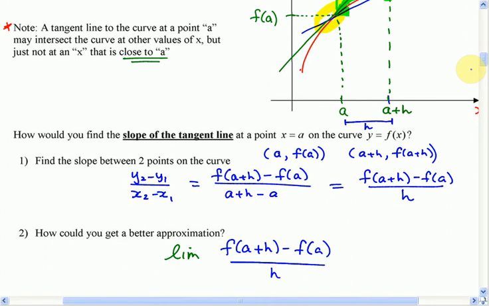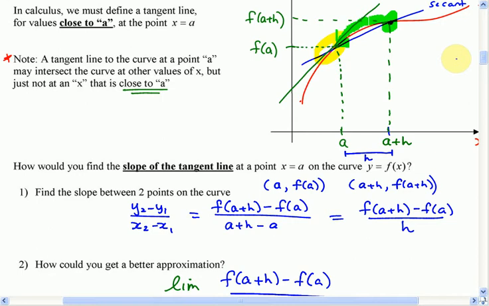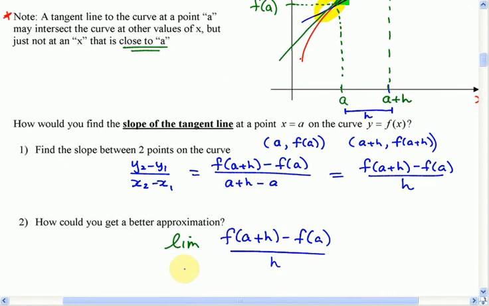So if I asked you to move the green point towards the yellow point, what's the value of h getting closer and closer to? H is getting closer to A? Careful. H is the distance between A and A plus h here. So I want this distance to get smaller and smaller and smaller. How small do I want h to be? Yeah, I want it to be close to 0.